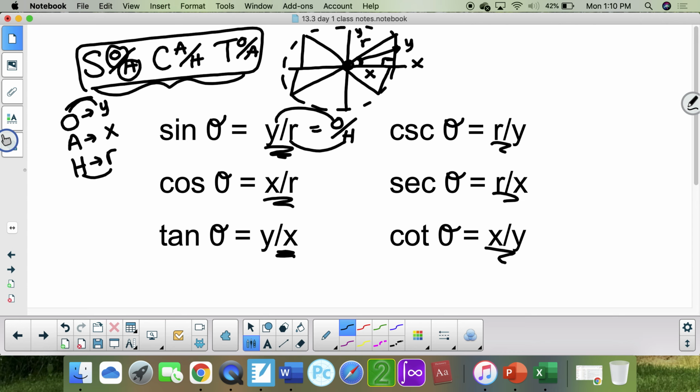So if I were you, I would write this little key down: the O really stands for the Y, the A stands for the X, and the H stands for the R.